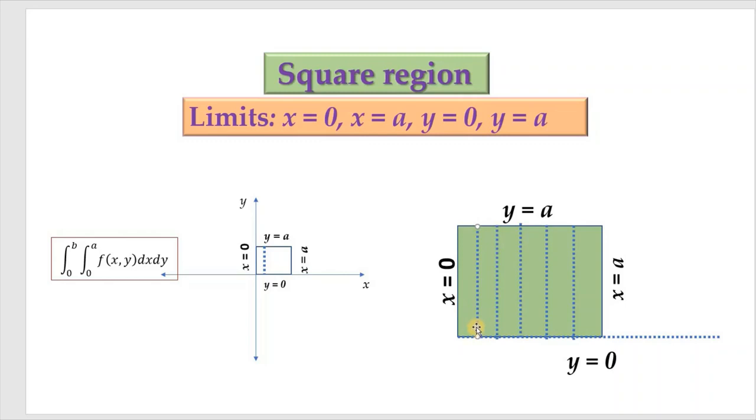This is the initial point, and this is the end point. It lies on the x-axis, so x should vary from 0 to a. So to cover the entire region, it has to move like this. But to cover a single line, what we need to do? So we have it like this, similar to your square region.